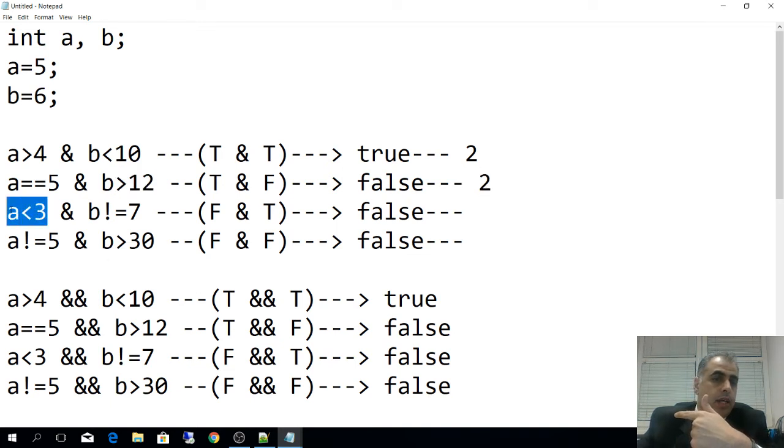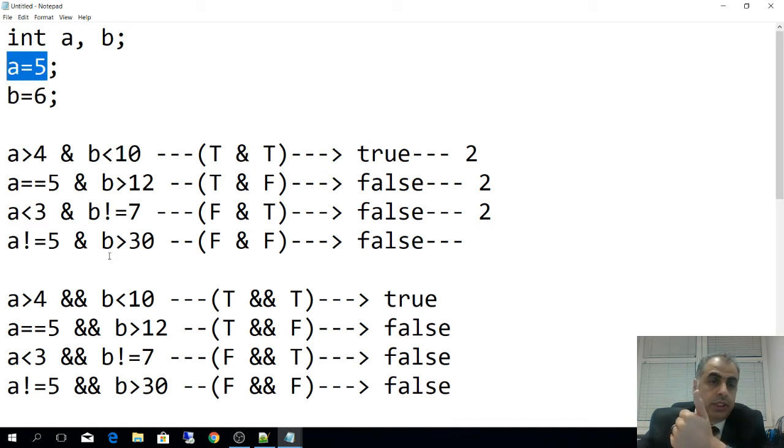Same. A is less than 3. Is it true? No, it is false. This is the first process. B is greater than 7. Is it true? Yes, it is the second process. So we have 2 processes. And the last one, A is not equal to 5. Is it true? It's not true, it's false.